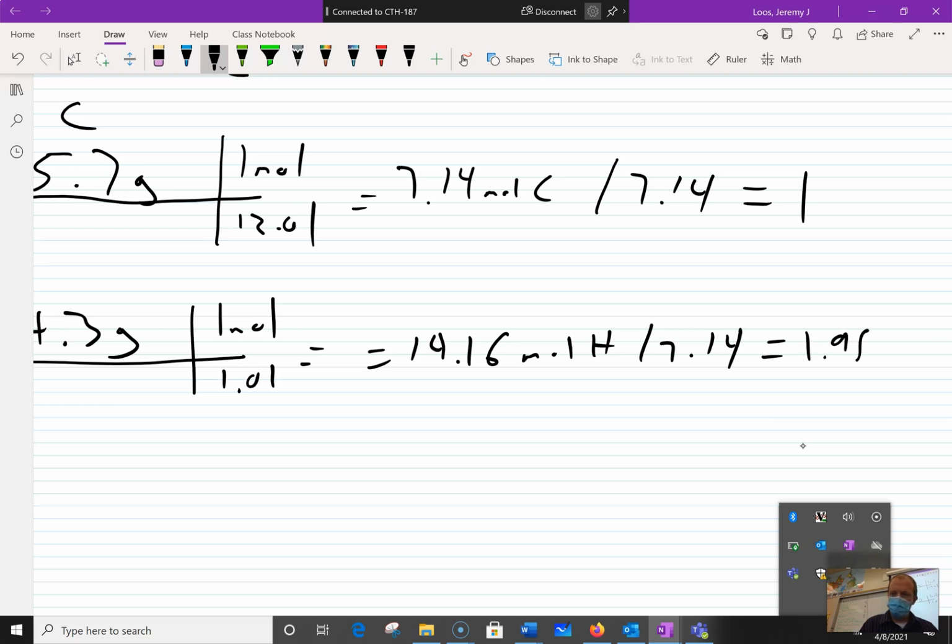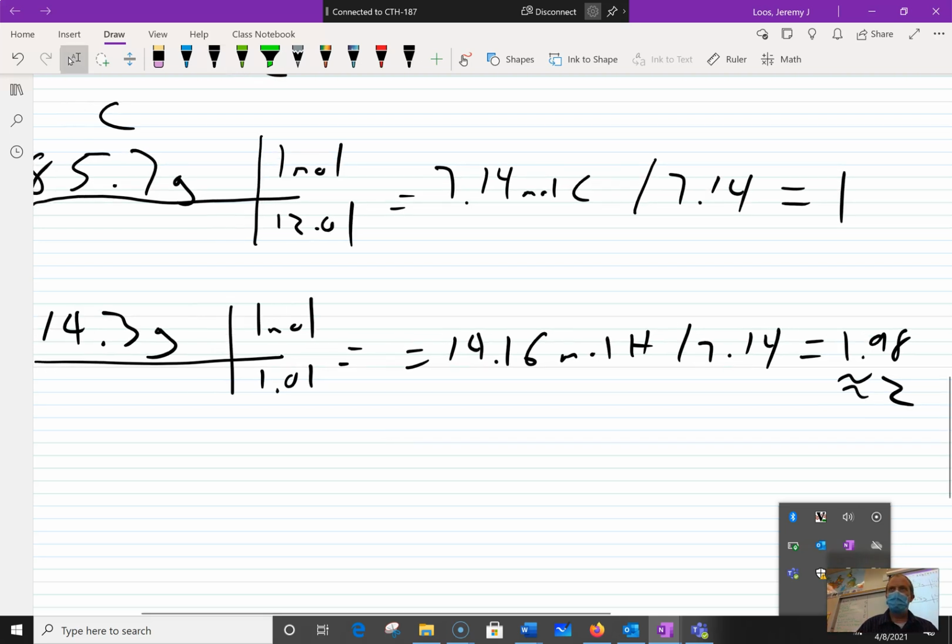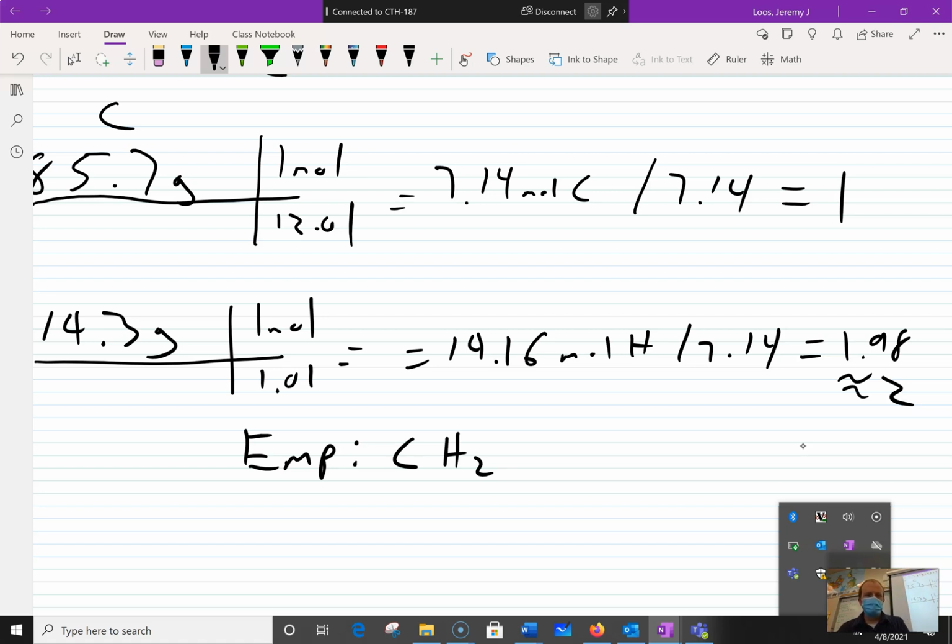So it's like 1.98. That is close enough that we can go ahead and round it to 2. And so therefore the empirical formula is CH2. One carbon for every 2 hydrogens.